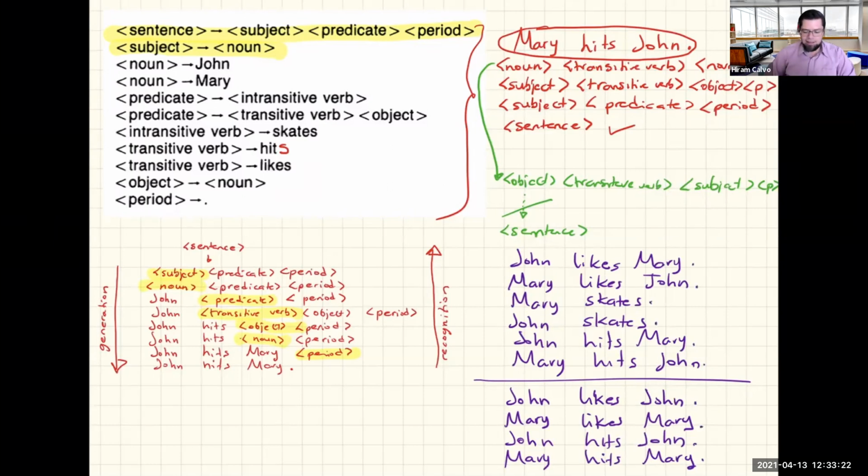Yes, so now we have this list complete. Maybe you can examine this. Let me know if you find another sentence that can be generated. Please check it.